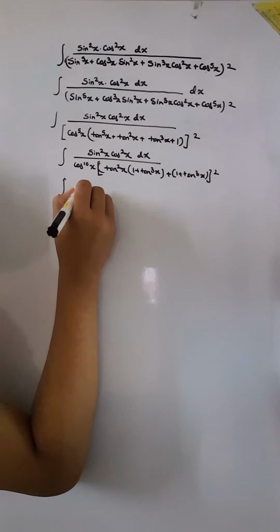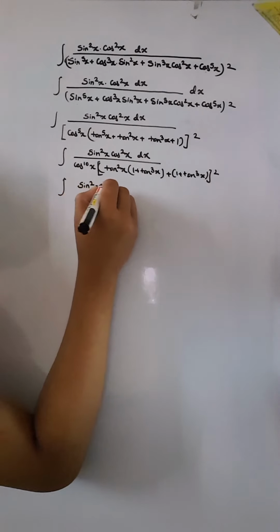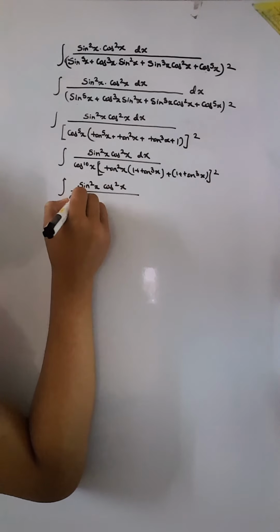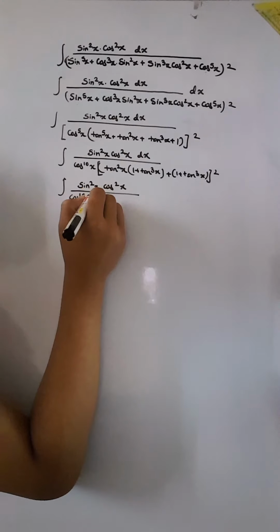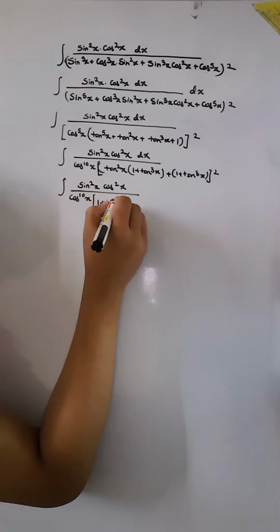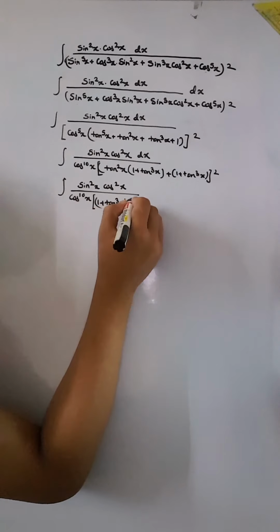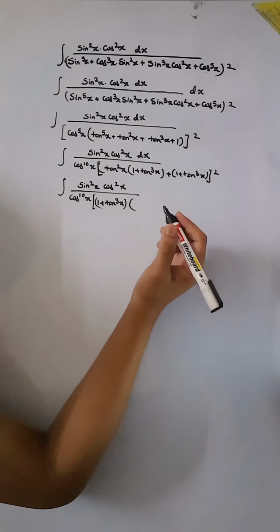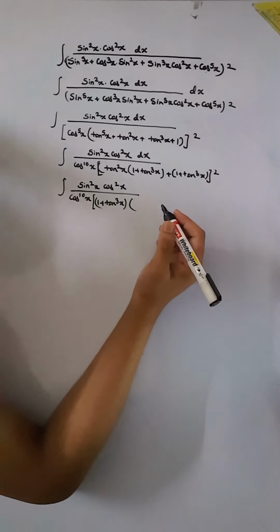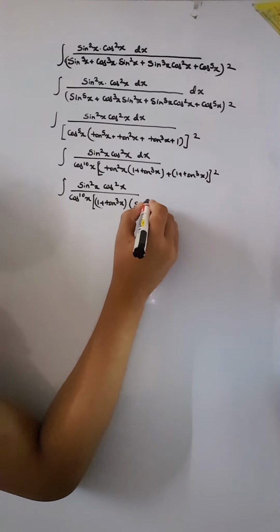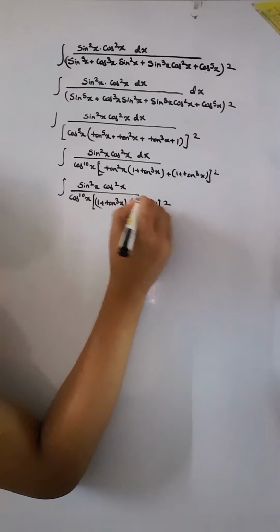So we will have sin square x into cos square x divided by cos to the power 10x, and 1 plus tan cube x here in the denominator, multiplied with 1 plus tan square x being factorized. And we all know that sec square x minus tan square x is equal to 1, which means that sec square x is equal to 1 plus tan square x. So it can simply become sec square x whole square.